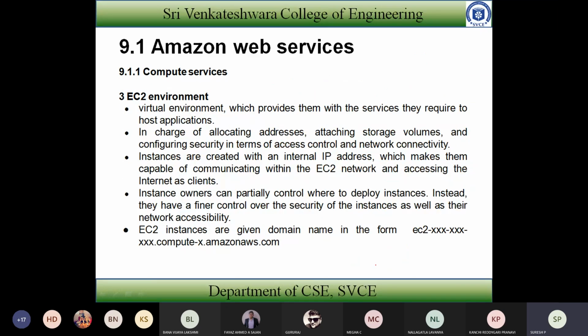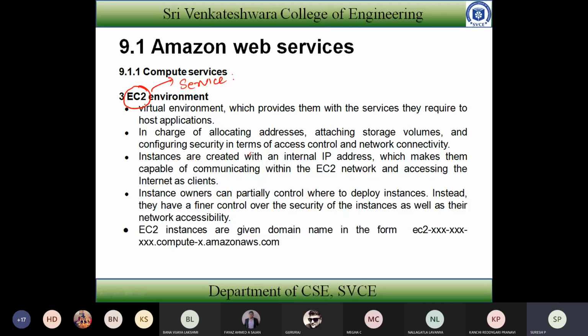Whatever virtual environment you are going to create, you are going to have EC2, where you create the virtual instances. How is your virtual environment going to be created, and what services is it going to provide?